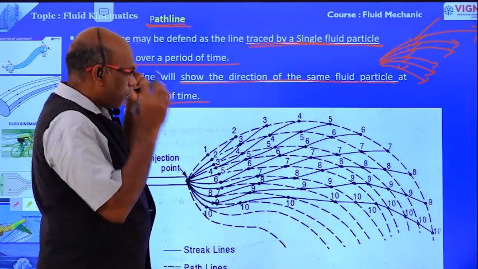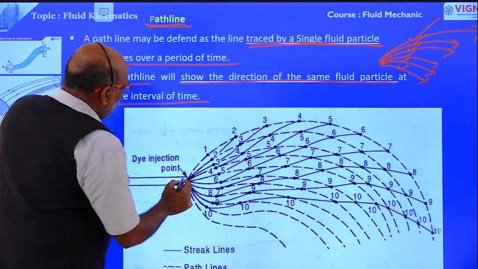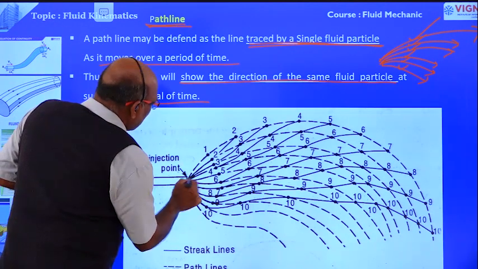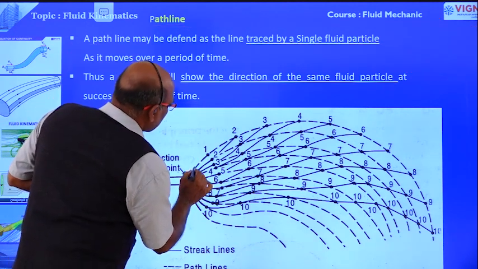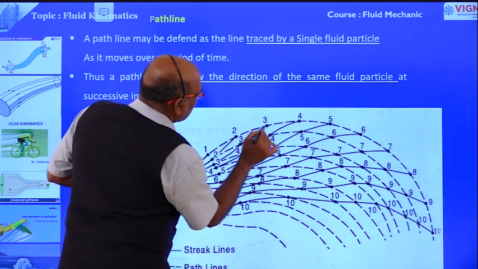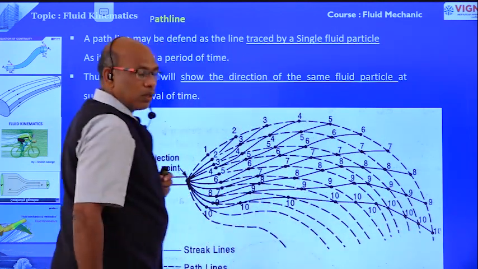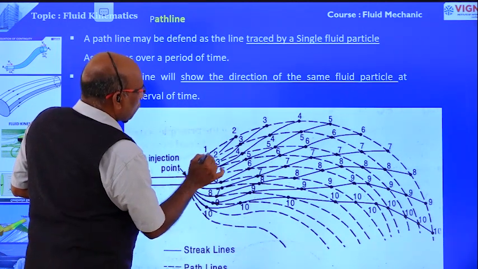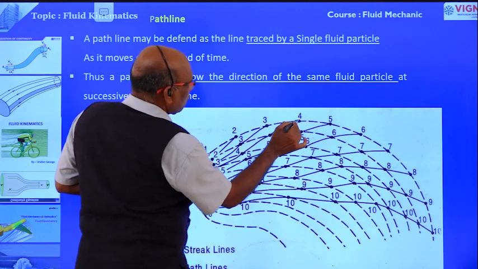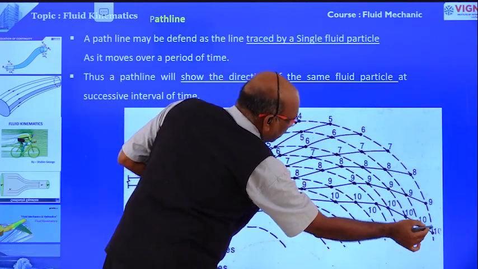This is the diagram. All of you, please see the diagram here. One single particle started here and moves like this. We have notated the positions as 0, 1, 2, 3, 4, 5, 6, 7, 8, 9, 10.